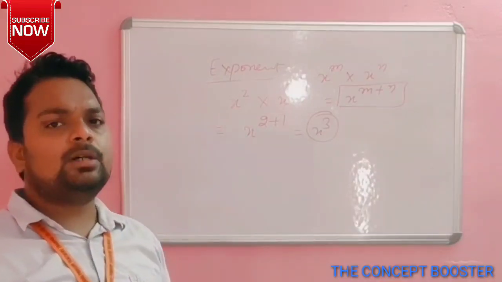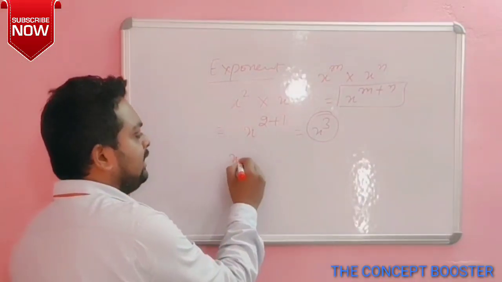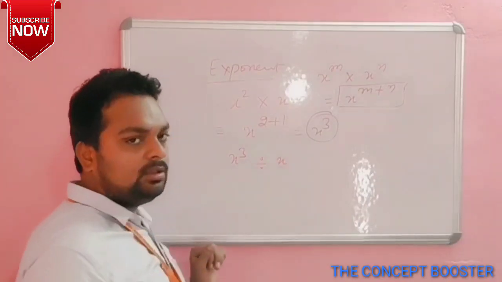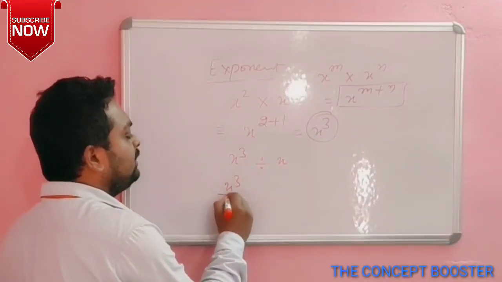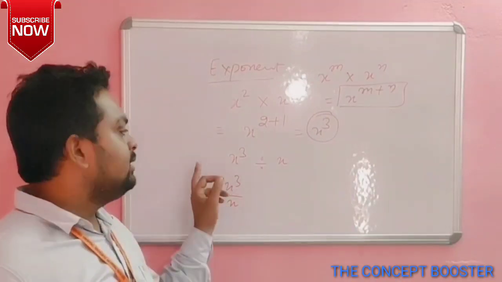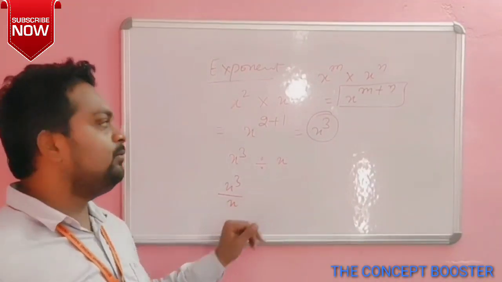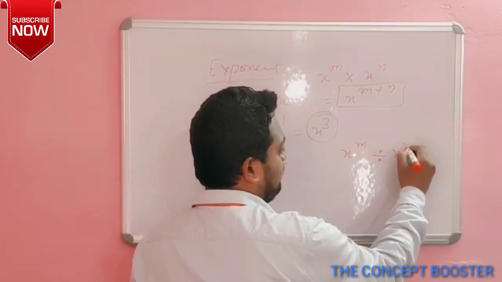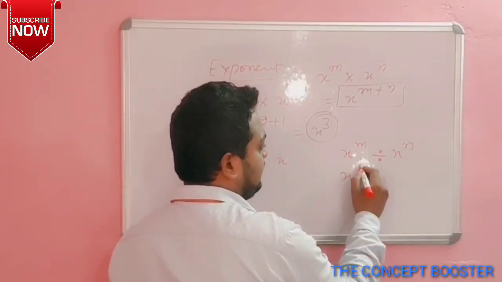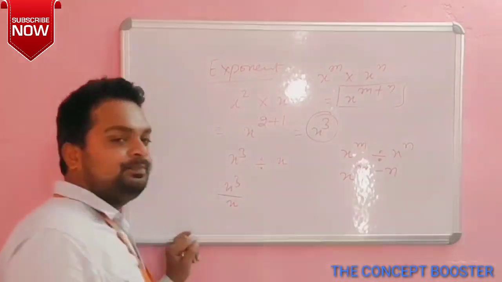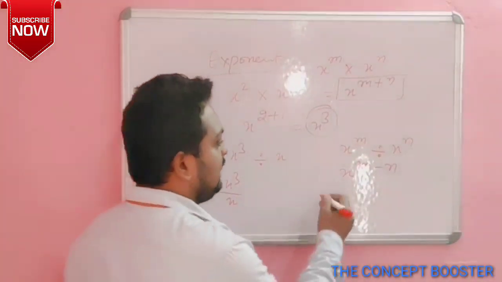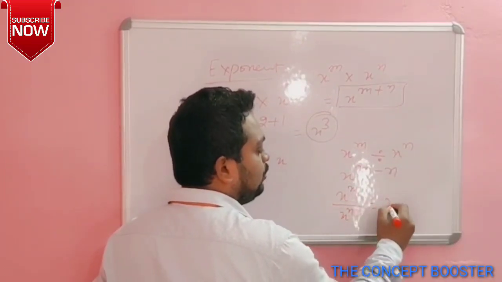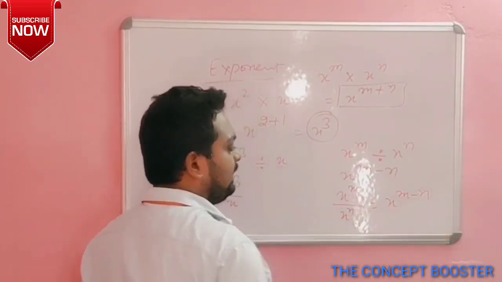And in the case of division, if it is x cube divided by x, or written as x cube by x, both are the same. When x to the power m is divided by x to the power n, we subtract: x to the power m minus n.